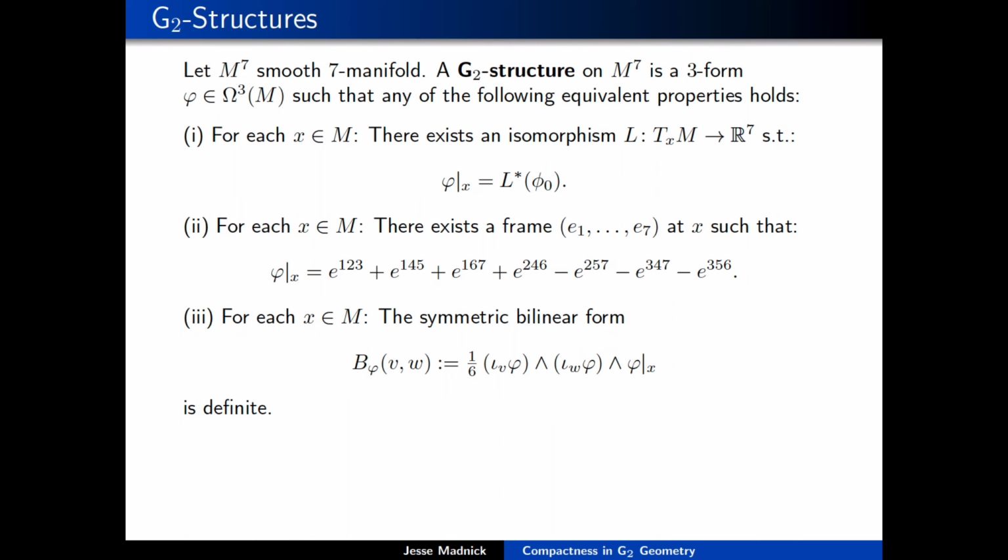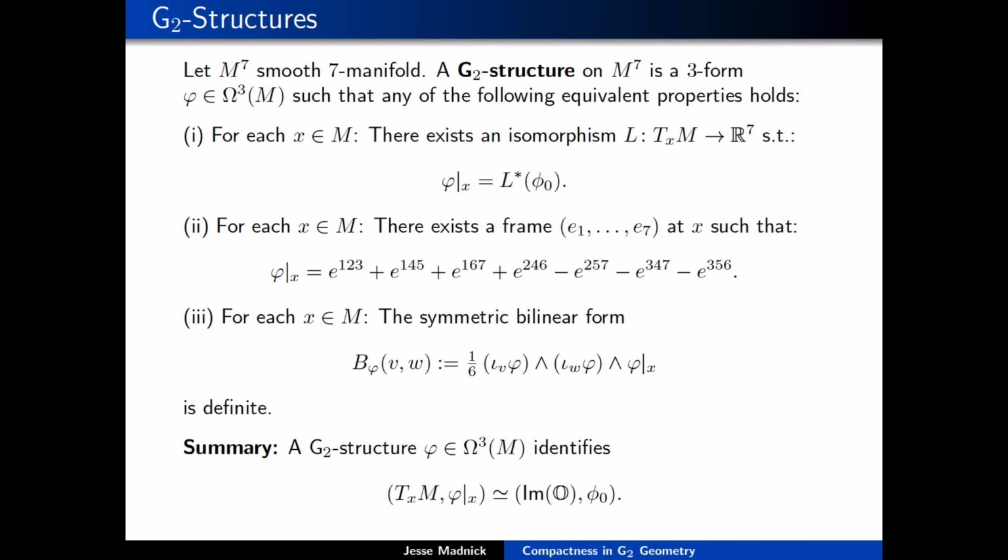A more intrinsic condition that's equivalent is the following. For each x in M, the symmetric bilinear form B phi defined here, which inputs vectors and outputs a 7-form on the 7-manifold M, is definite.